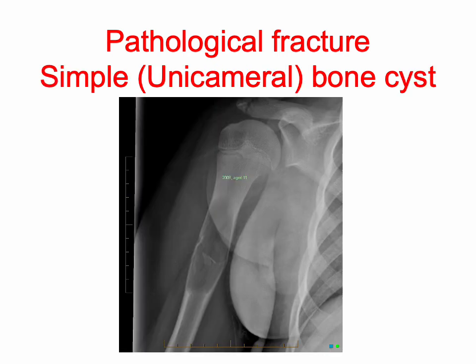Getting into bone lesions, so a simple or unicameral bone cyst. We can see here we've got a well-defined lucent lesion in the upper humeral shaft with a narrow zone of transition, meaning that you can get a marker and draw outside exactly where abnormal bone meets normal bone.